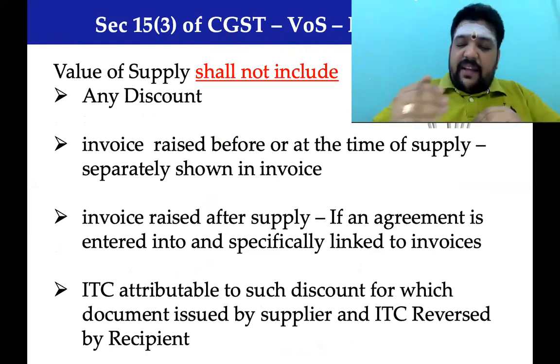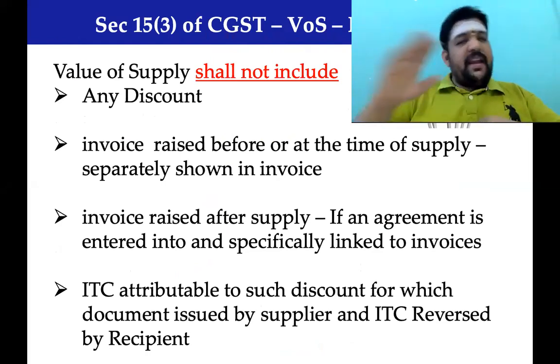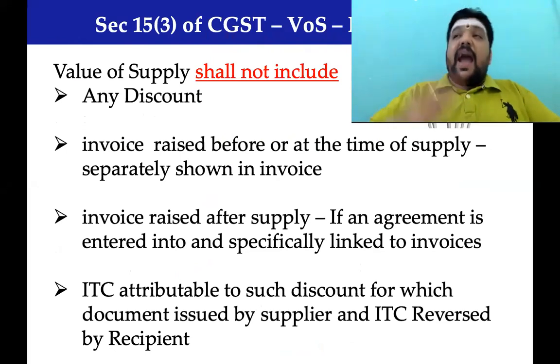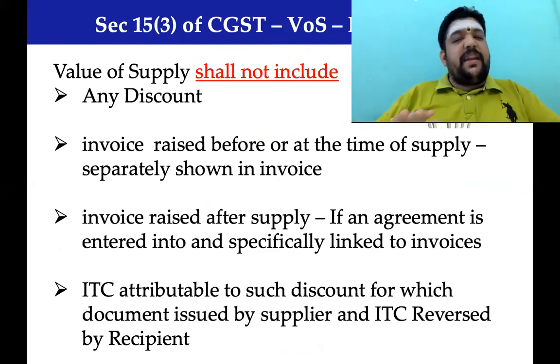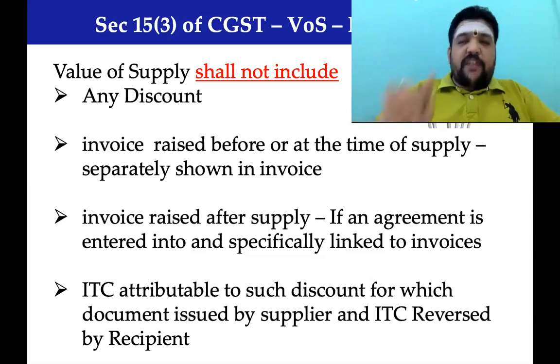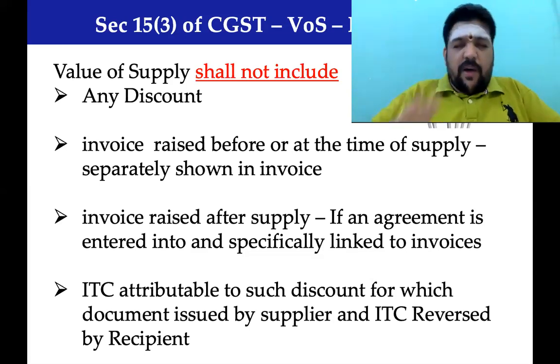Assume at the time of supply, both supplier and recipient are aware that this discount will be given, and at a later point in time the recipient completes that activity. Because of that, the supplier is going to give a discount, which could be a turnover discount, quantity discount, quality discount, any kind of discount.